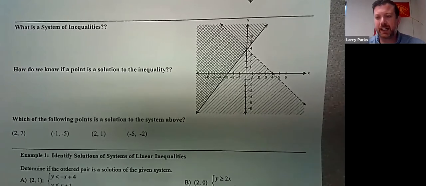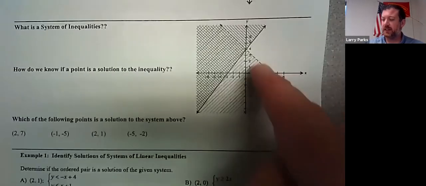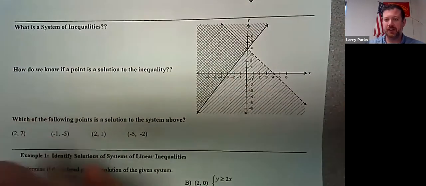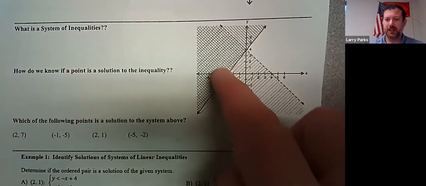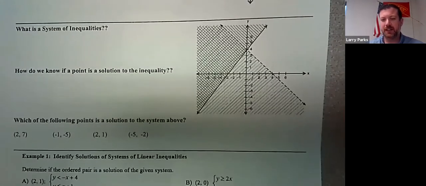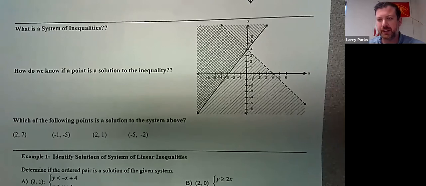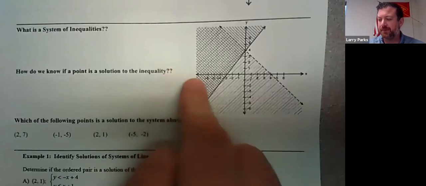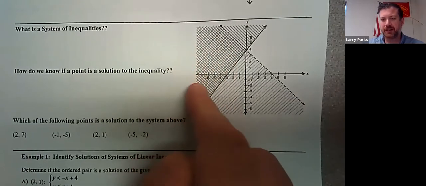Notice I have two equations. Well, I should call them inequalities, because they're not equations, because they're shading. Notice on this first line, we shaded below, and on this line, we shaded above. I don't know if you're able to see it, but over here is where the shading crosses.